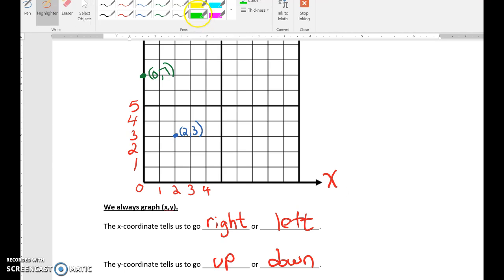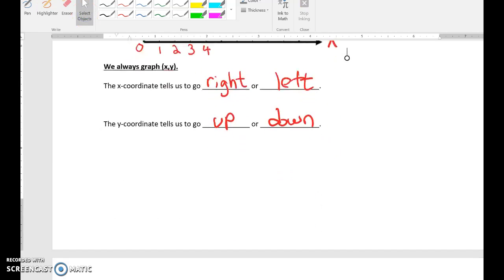If we did take 4 out and 2 up, we would be here, right? That's 4, 2. But if we did 2 out and 4 up, we would be here, right? And we need the same set of directions. An ordered pair, right, is a set of directions. We need the same set of directions to always take us to the same place. That's a big idea in math.